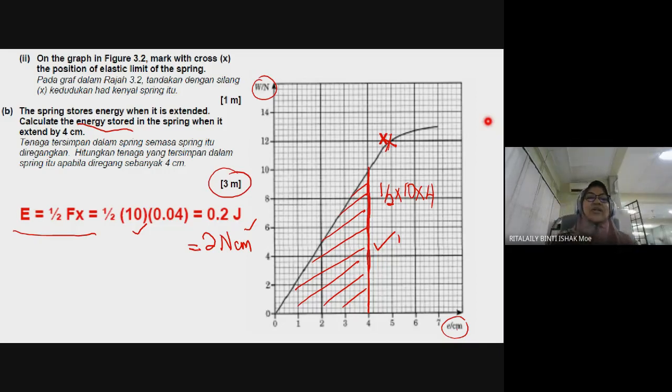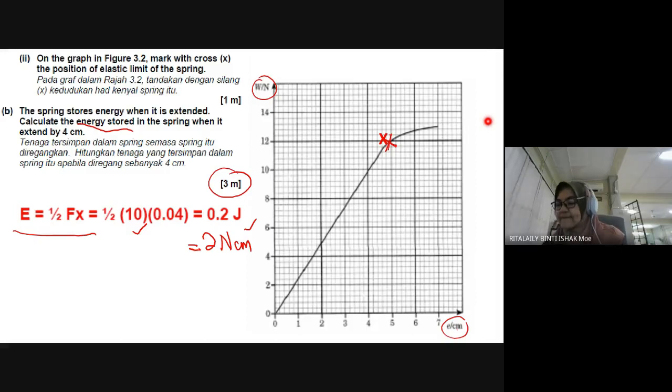Okay. So question B patutnya satu lagi soalan, which is the force constant or the spring constant. If the question asks the force constant or the spring constant, it is the gradient. Markah dia berapa? 3. Oh, tak ada markah. Okay.